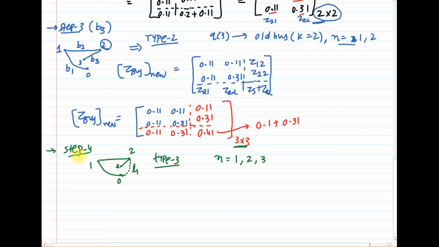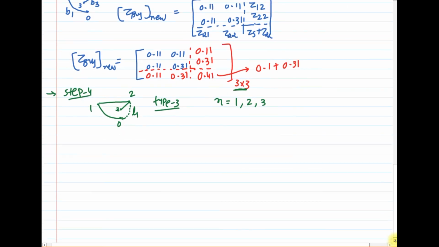That means for step number 4 we will use the Z bus old matrix which we have got in step number 3. Clear? So, one more thing here, the old bus is K, which is equal to 2.